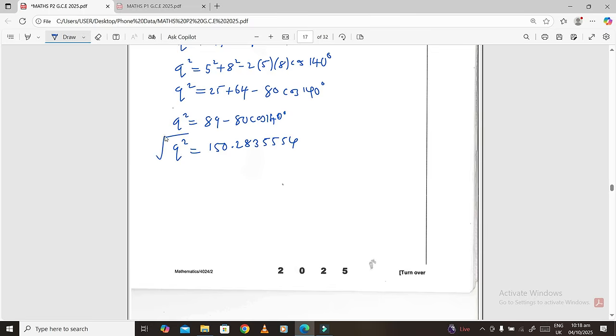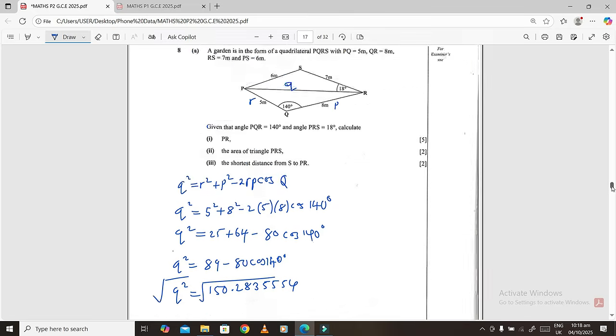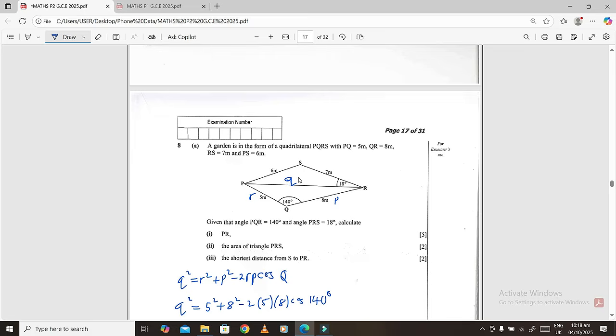You now find the square root of both sides. So the value of q, when you find the square root, is 12.3 meters. So that's the length there. Let me write it here: this is 12.3. So this is question 1, of course.